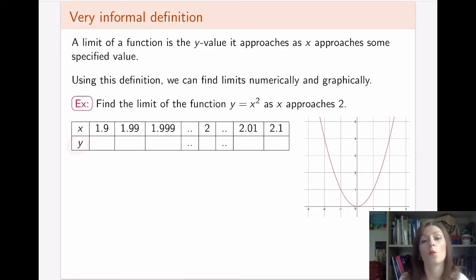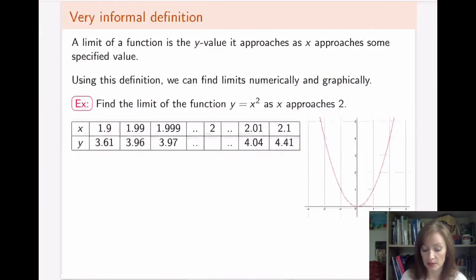How do we calculate the y values that correspond to those? Well, our function is given here, y is x squared, which means that to find the corresponding y value, I just have to take the corresponding x value and square it. You can try it for yourself on a calculator, but I have the table filled out here for us. So when x is 1.9, y is 3.61.